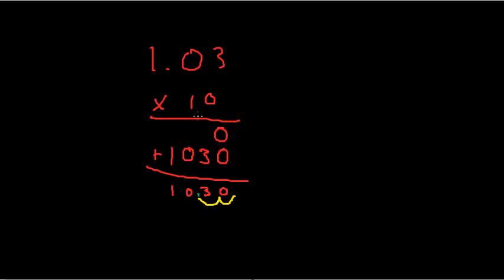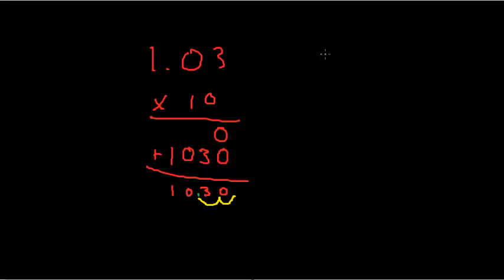Well, this, if you look here, is the same numbers as what we were multiplying by. All that happened is our decimal point moved 1 to the right. Anytime you multiply by a power of 10, 10, 100, 1000, all that you'll be doing is moving your decimal point by the same number of places as you have zeros after the 1.